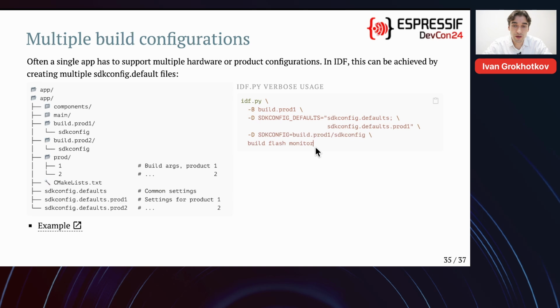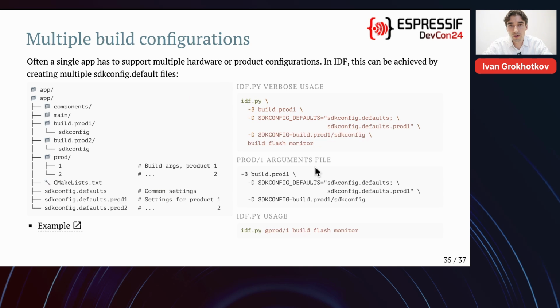Now, in order to not have to repeat all those parameters every single time, we can create configuration files or argument files. The argument file will just contain all those arguments specific to this product. We can save this argument file, for example, in the prod subdirectory, let's say prod/1.